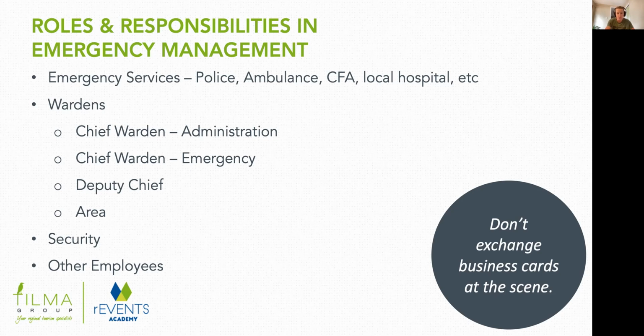Then you've got deputy chief wardens. So basically that's the same thing as you would have as a deputy president. When the chief warden is not on the event grounds, which happens, then that deputy will assume all of the responsibilities, duties, and control. And then depending once again on the size of your event, you can have area wardens.